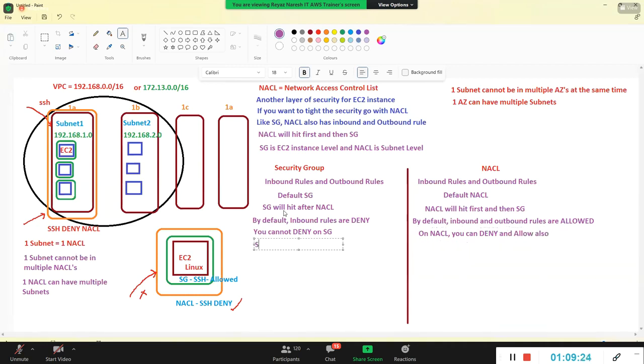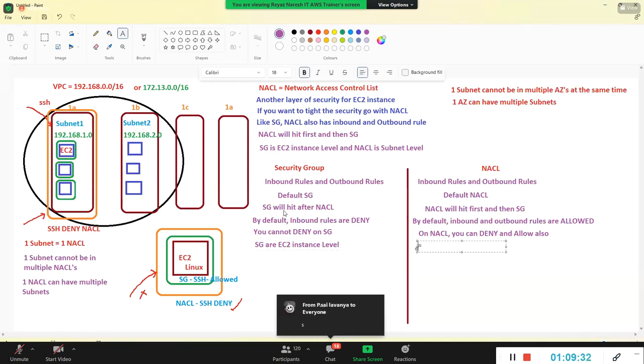And security groups are EC2 instance level, yes or no? And NACLs are subnet level.